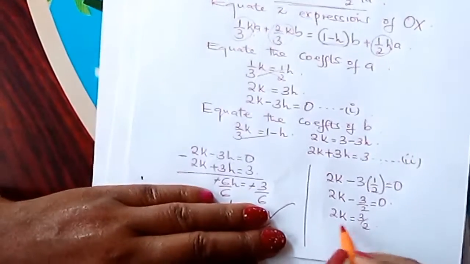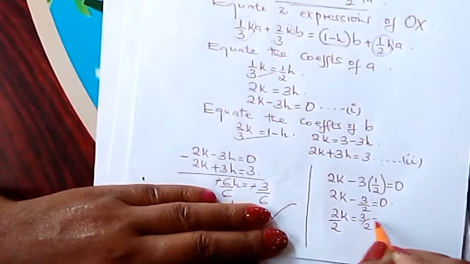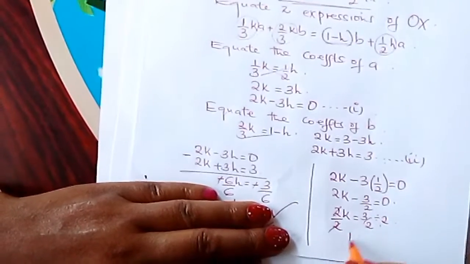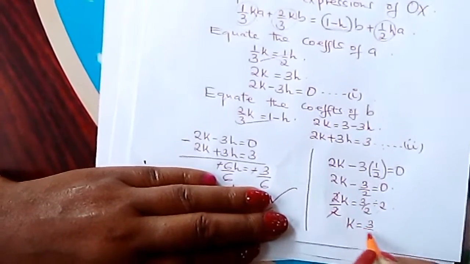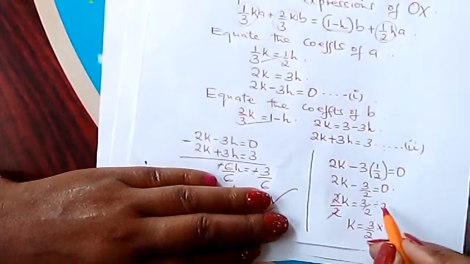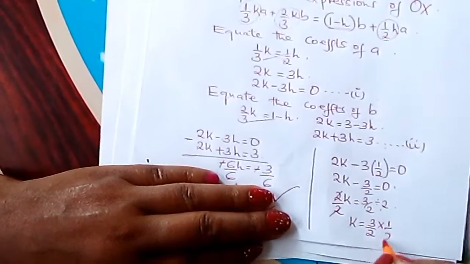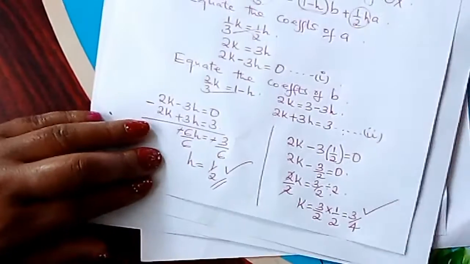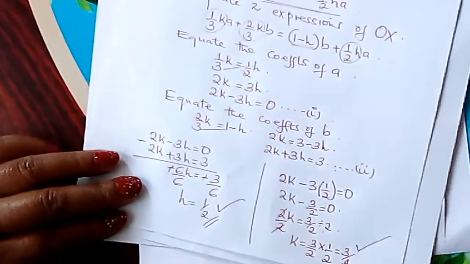From here, learner, divide both sides by 2 to get your K. And therefore your K will be equals to 3 over 2 times, dividing by 2 is the same as multiplying by a half. And therefore this gives you 3 over 4. And that is the value of K.